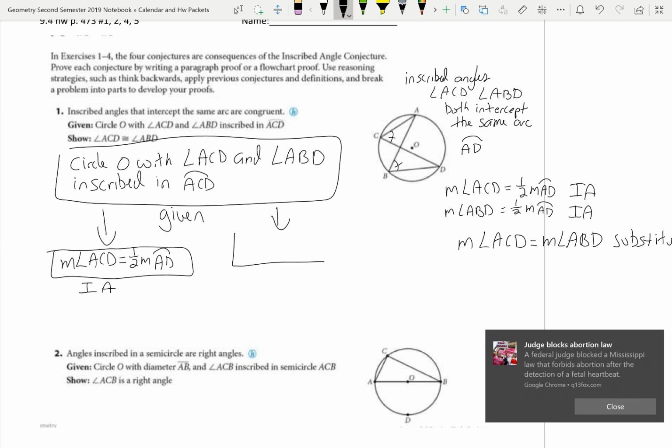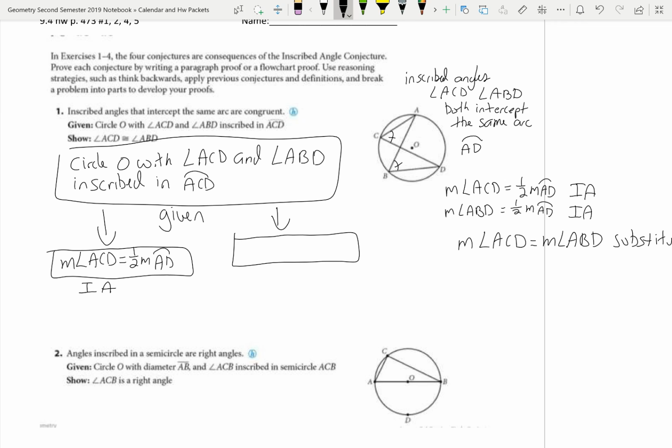And that's also by the inscribed angles conjecture. Now what will happen then is that the measure of angle ACD will equal the measure of angle ABD.